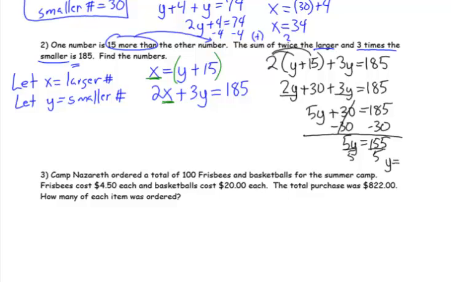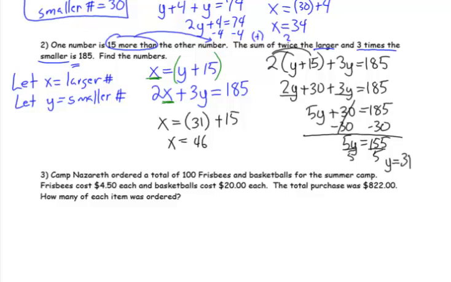And then the inverse of multiplying is to divide. So 5 times y, the division there is divided by 5. So we have 155 divided by 5, which is 31. Now, I'm not done yet. I've only solved the first part of it, but very simply I say x equals y, which is 31, plus 15, and x equals 46.